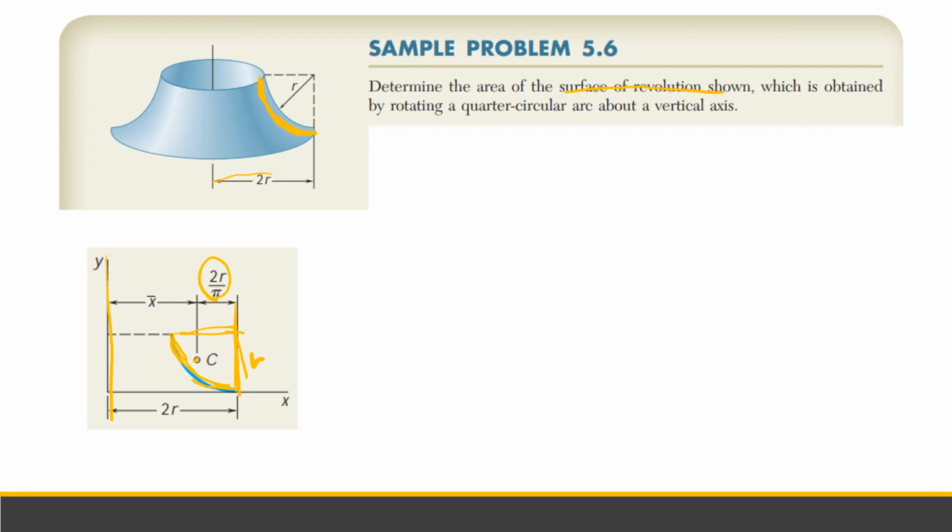So, our x bar is 2r minus 2r over pi. If we simplify this, we factor out the 2r. What remains is 1 minus 1 over pi.